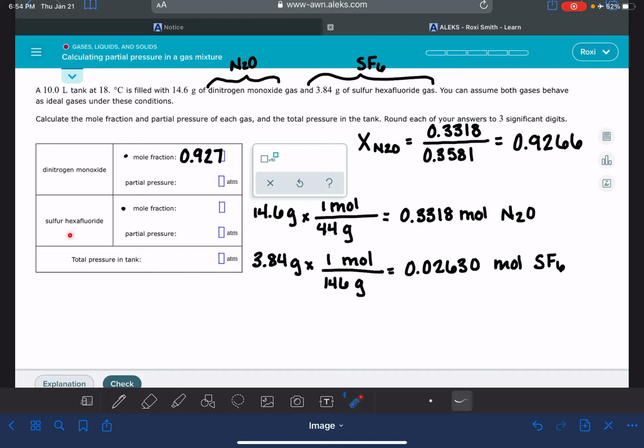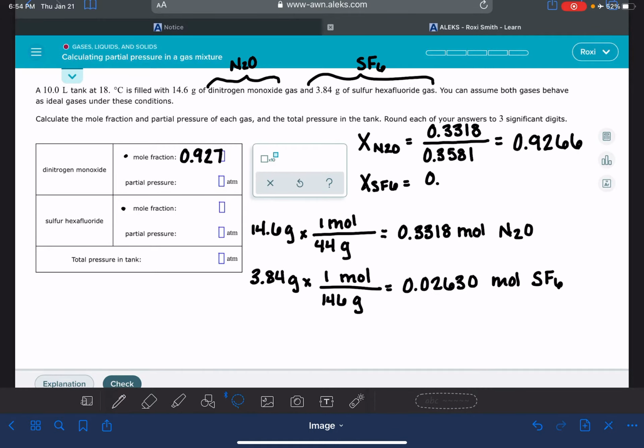For the mole fraction of sulfur hexafluoride, we could calculate this by just simply taking 1 minus the mole fraction of dinitrogen monoxide, but it is a good idea to calculate it out just by hand. This is a way of double checking that we haven't made a mistake in our calculations. The mole fraction of sulfur hexafluoride is going to be the moles of sulfur hexafluoride, which is 0.02630, divided by the total moles, 0.3581.